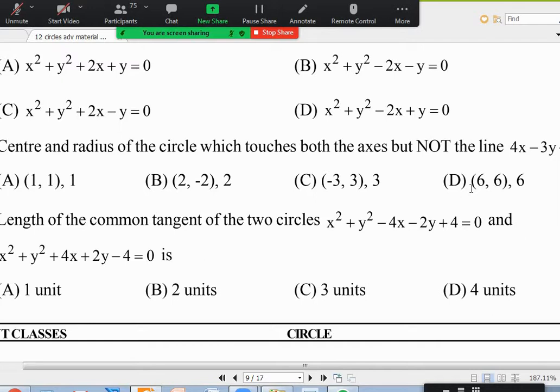X square plus y square minus 4x minus 2y plus 4 equal to 0. X square plus y square plus 4x plus 2y minus 4 equal to 0.